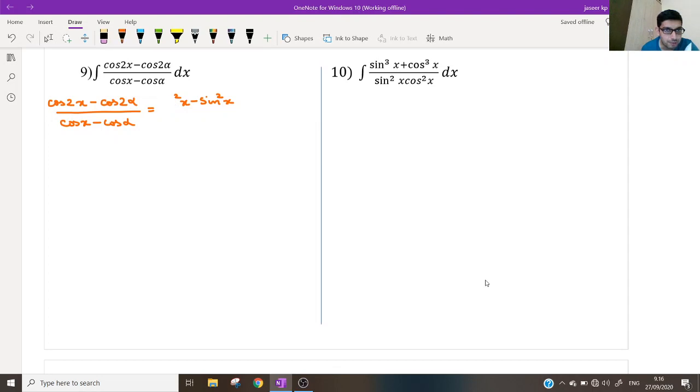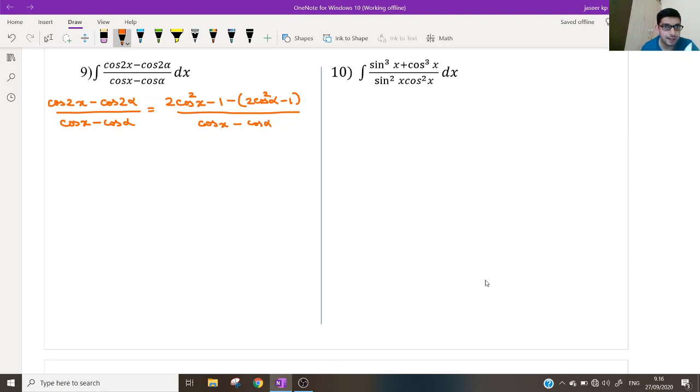Sorry, instead of this, we can write it as 2 cos square x, because there are different formulas for cos 2x. You can write it as 2 cos square x minus 1, and similarly cos 2 alpha as 2 cos square alpha minus 1, divided by cos x minus cos alpha.